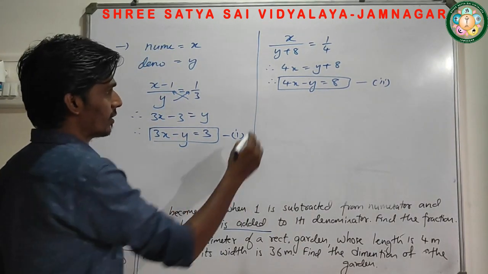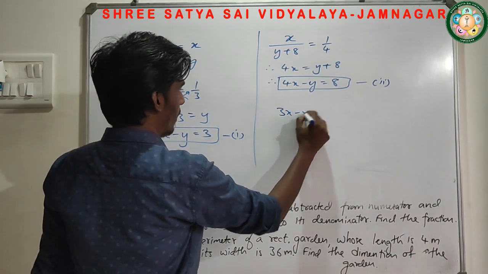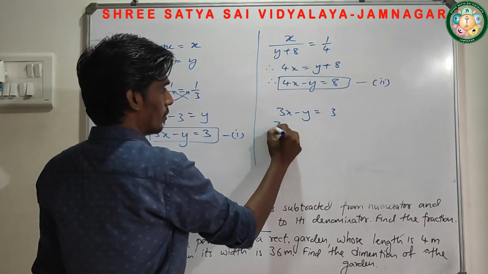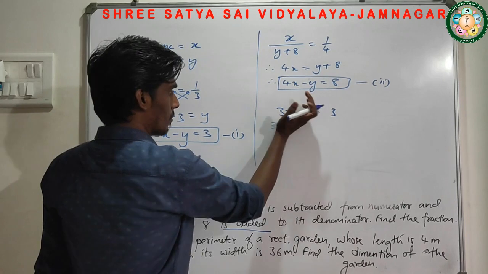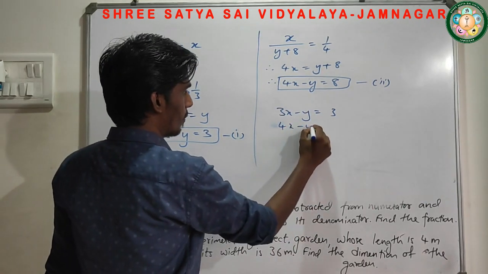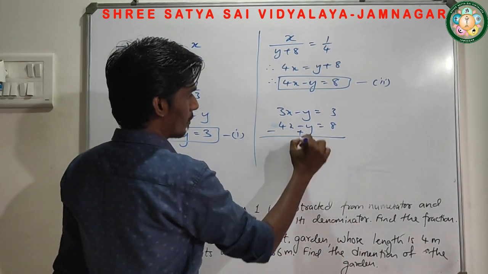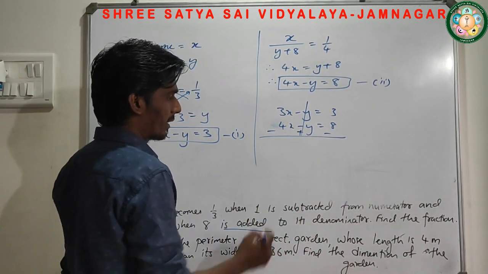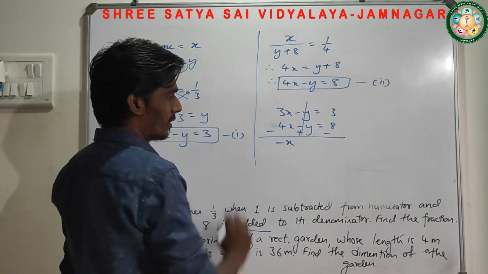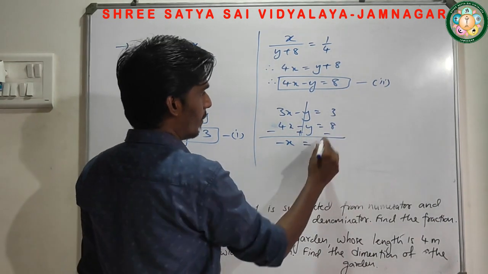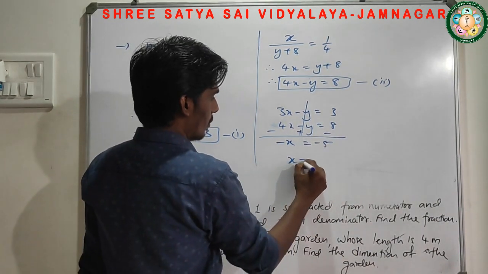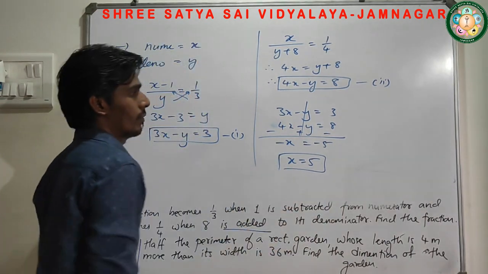So if I want to eliminate y, 3x minus y equals 3, and 4x minus y equals 8. Subtracting, it's minus, plus, minus, so y gets cancelled. Take the greater number's sign: minus x equals minus 8 plus 3, so x equals 5.